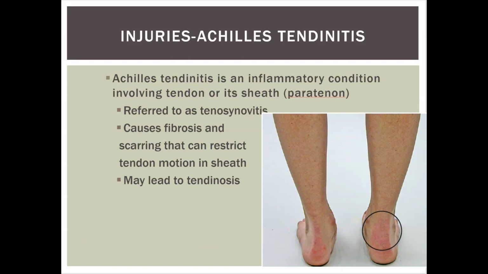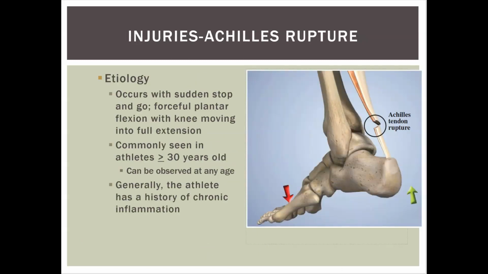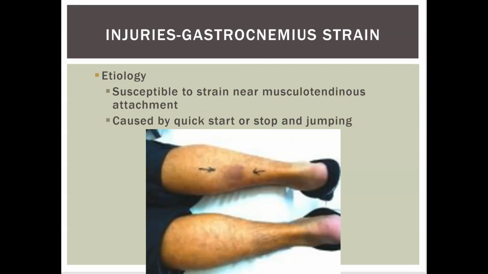So the etiology of the Achilles rupture is where there's a sudden stop or forceful plantar flexion with the knee moving into full extension, but it usually happens more so to the weekend warriors or those that are over 30 years old. It can happen at any age, but more common than not, it happens to those that are a little bit older.